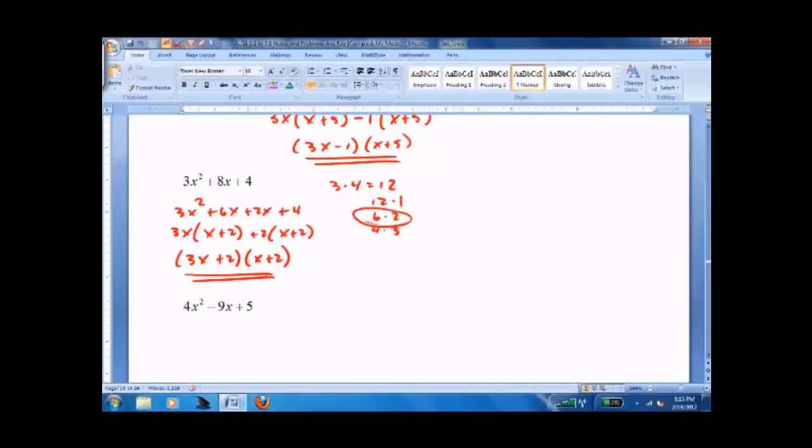A comment, you know you've done the factoring by grouping correctly if you get the same numbers inside. If you don't have the same numbers inside the parentheses, you've done something wrong. Check with the teacher and get some help. Try this one on your own if you can.